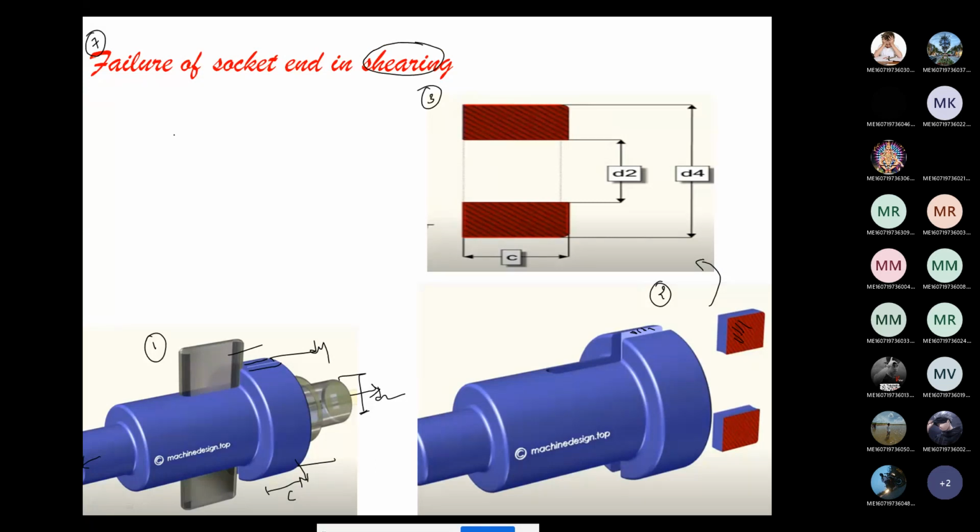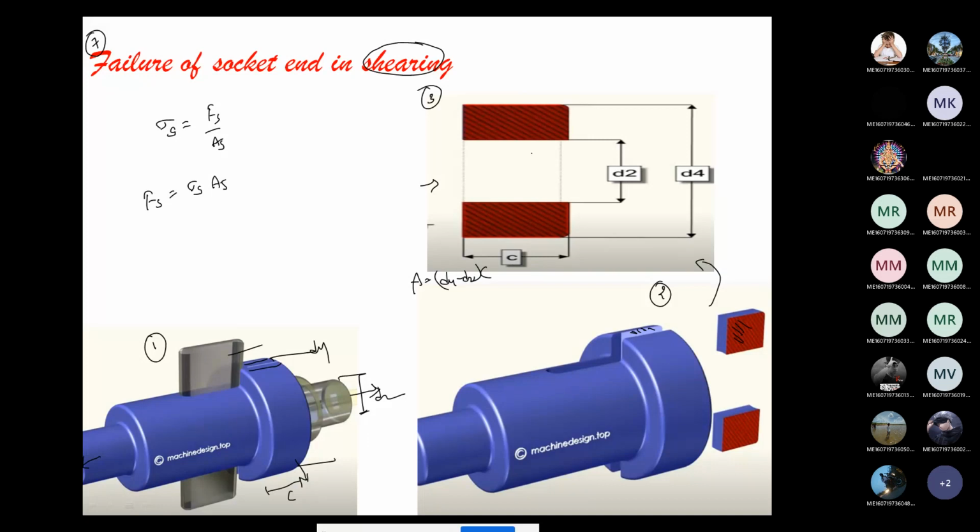So for that reason there will be a shear stress induced, that is shear force by shear area. With this equation, I can write Fs equal to shear stress into shear area. What is the area here? Based on the third image, I'm writing the failure area: D4 minus D2 into C, right?